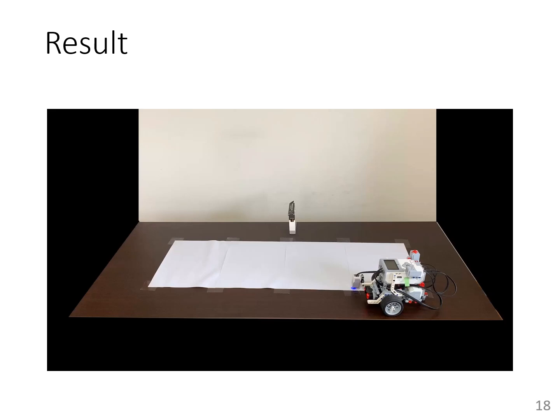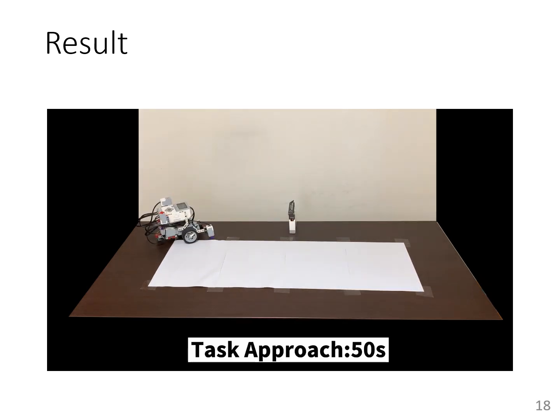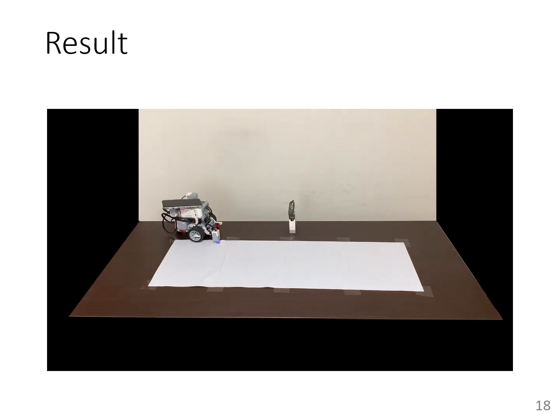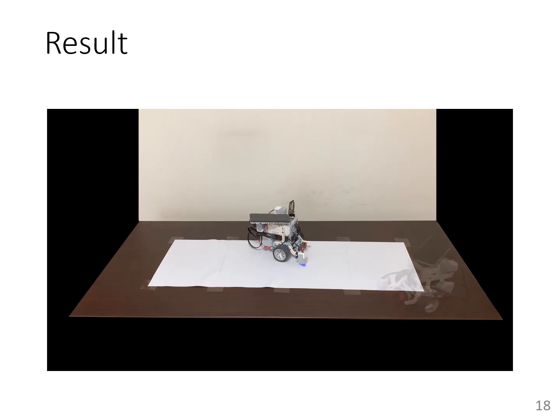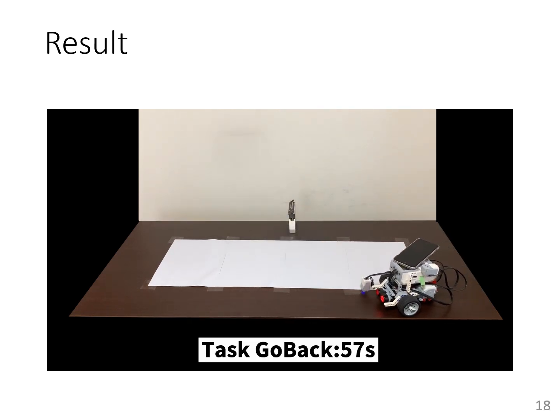This is a highlight video of the experimental results. When the robot was returning to the base, an obstacle was present, which caused the return time to be delayed to 57 seconds.